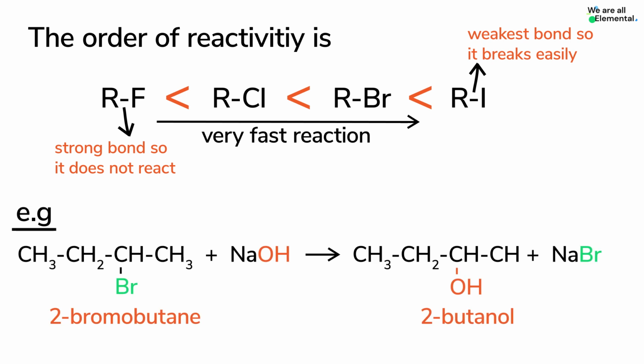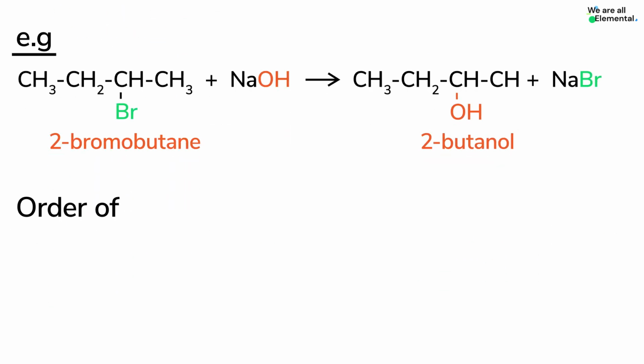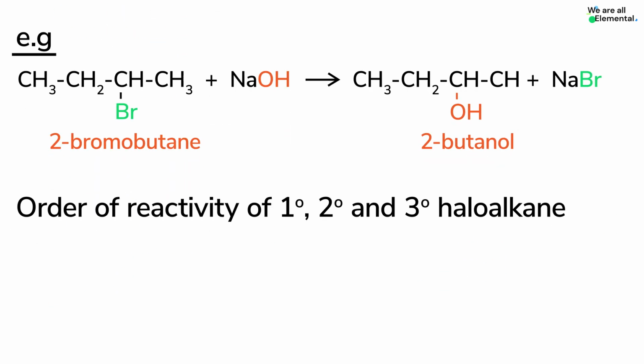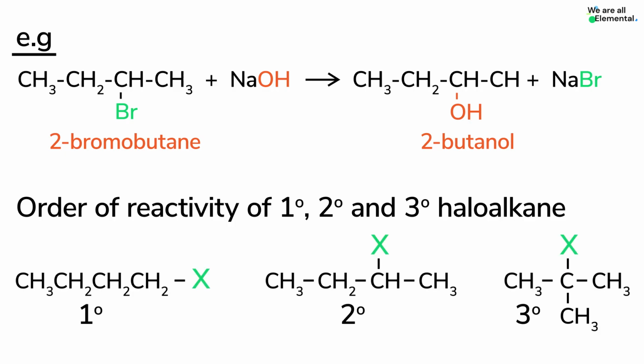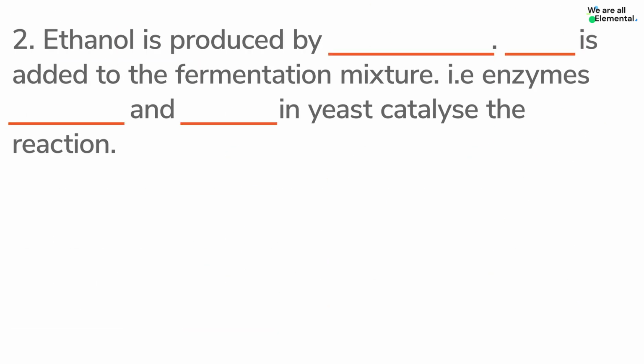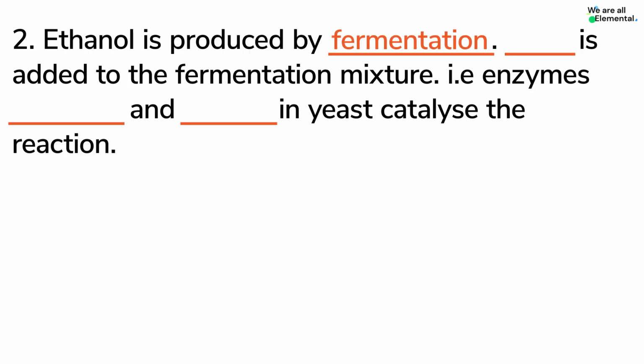For example, if you have 2-bromobutane and you react it with sodium hydroxide, you would get 2-butanol. In terms of order of reactivity of primary, secondary, and tertiary haloalkane, the primary haloalkane is least reactive, while tertiary is most reactive. Ethanol is also produced by fermentation.